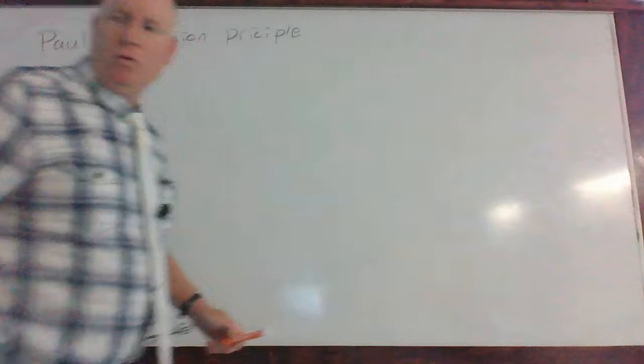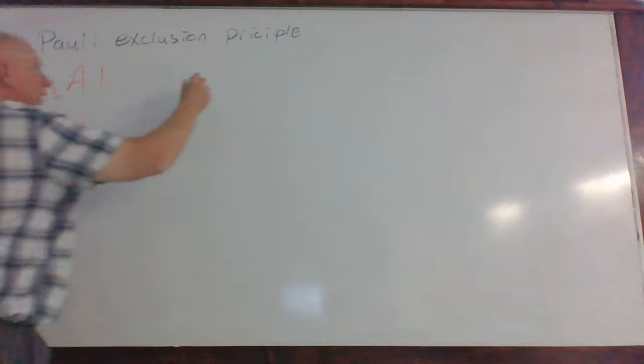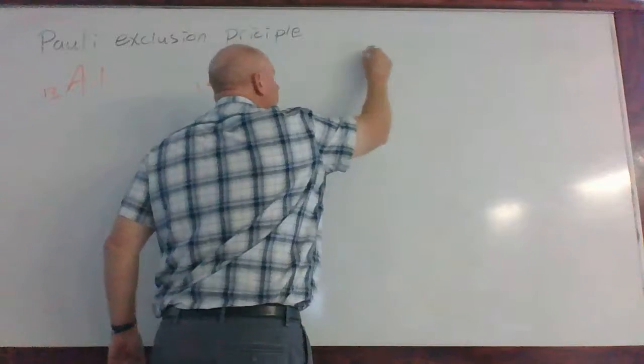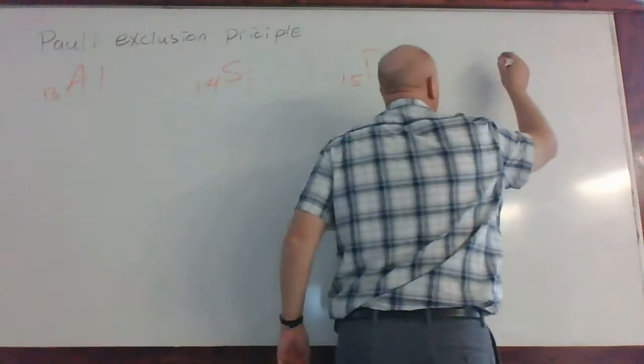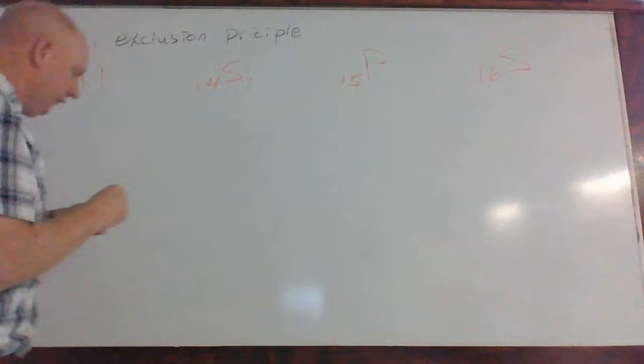And then we'll get rolling on a video we were talking about. Okay, aluminum, 13. Silicon, 14. Phosphorus, 15. And then sulfur, 16. Yep, now we can see all of them.